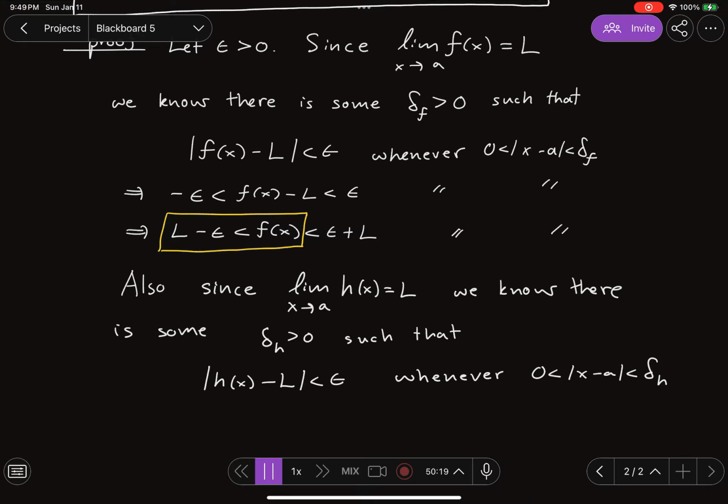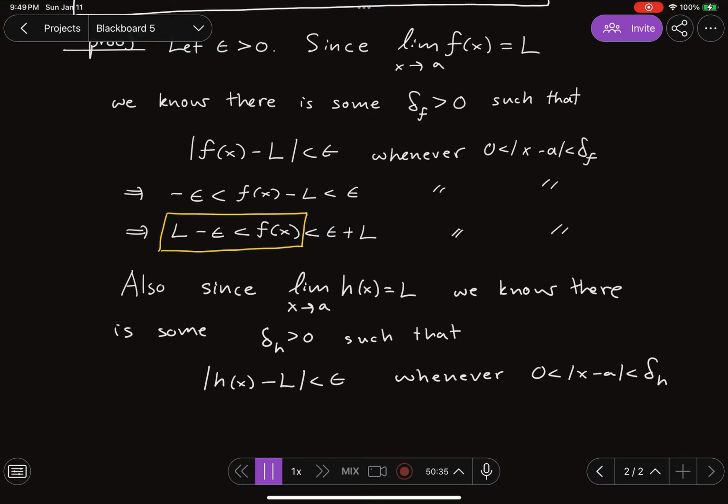Okay, so this is the associated delta for this function h. We know this delta exists because it's given at the very beginning that this is true.